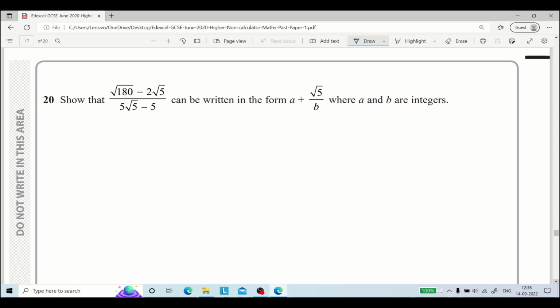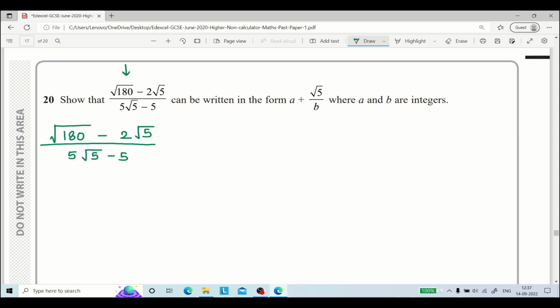Show that this value can be written in the form of a plus root 5 upon b, where a and b are integers. So the very first thing, let's try and understand the value that has been given. I'll just write it down: 180 minus 2 root 5 over 5 root 5 minus 5.